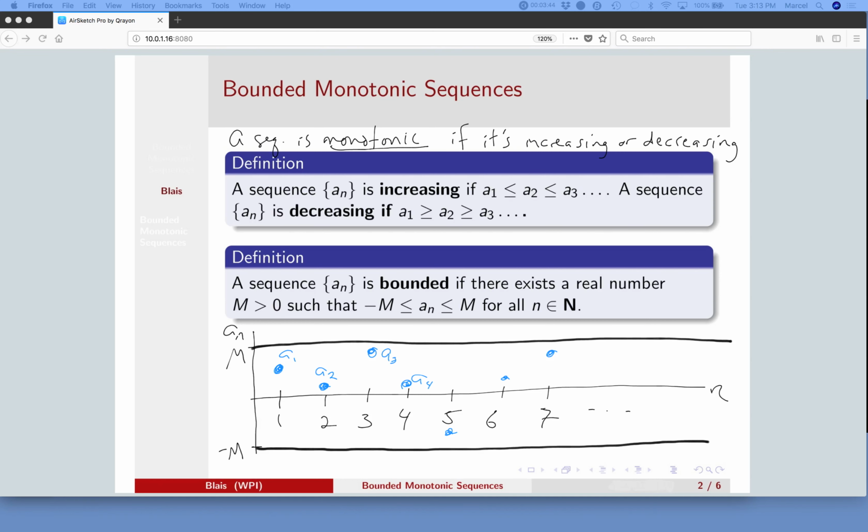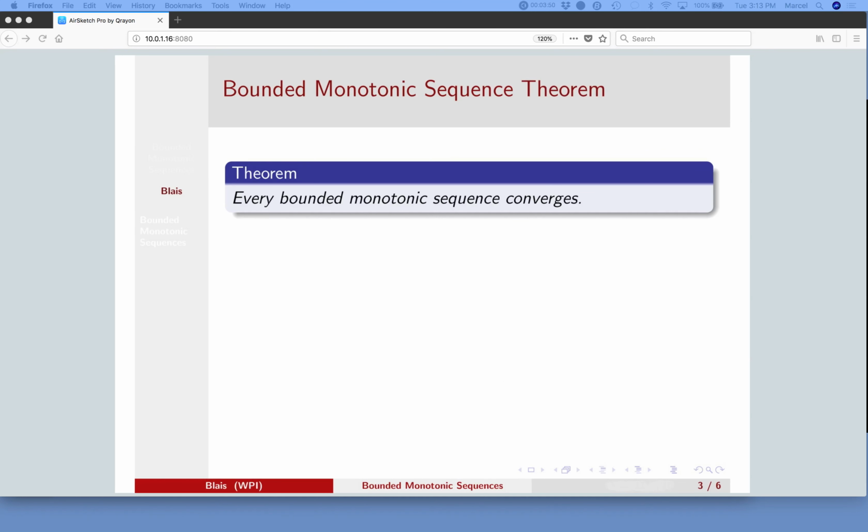So those are two key properties for sequences, and that leads us to this theorem, the bounded monotonic sequence theorem. It says simply that every bounded monotonic sequence converges.